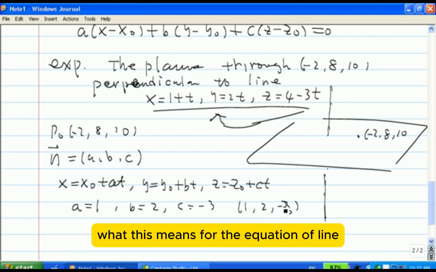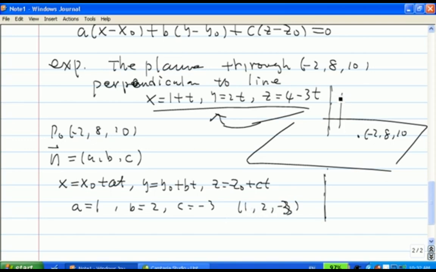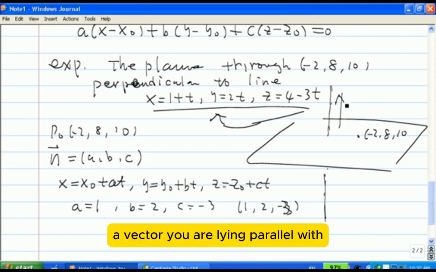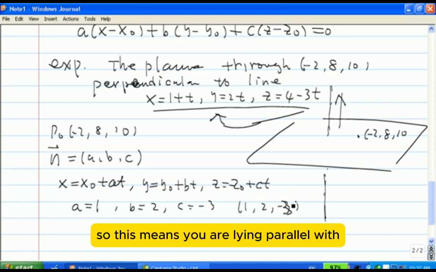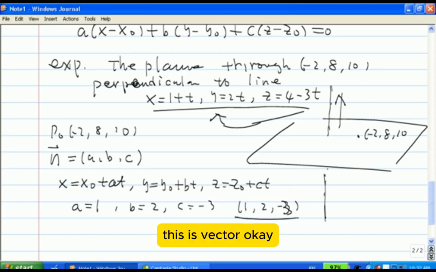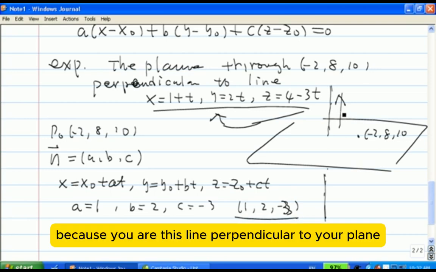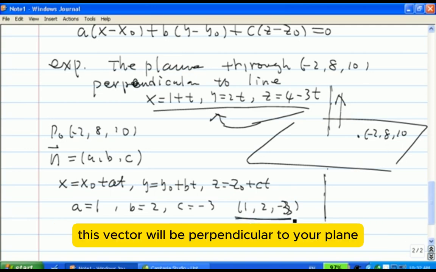What does this mean? For the equation of a line, this vector A, B, C means what? It's the vector your line is parallel with, right? Going back to the equation of the line, this means your line is parallel with this vector. This vector, on the other hand, because the line is perpendicular to your plane, will be perpendicular to your plane.